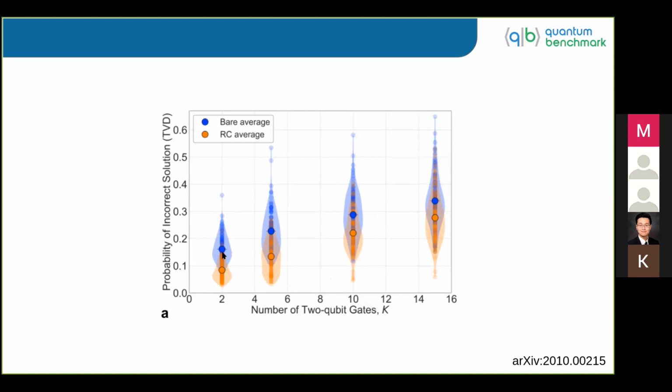Okay, 4 qubits. So we're plotting the same quantity on the y-axis, so total variational distance, so probability that the circuit is outputting a correct bit string. And the orange is showing the randomly compiled case. So each dot is a particular instance of a random circuit. And then we randomly compile that again. And so in the bare case, the total variational distance is larger on average.